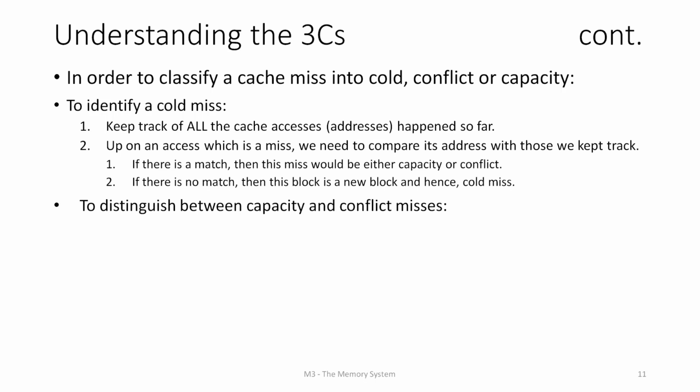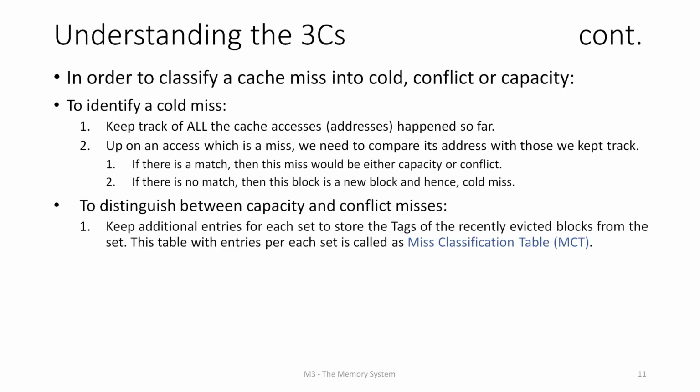Now, once we have determined whether it was a cold miss or not, if it is not a cold miss, we need to distinguish it as either a capacity miss or a conflict miss. For this, we would need to keep additional entries for each set. Again, this would be part of our tag array, where we store the addresses of recently evicted blocks. This can be called the miss classification table, MCT.